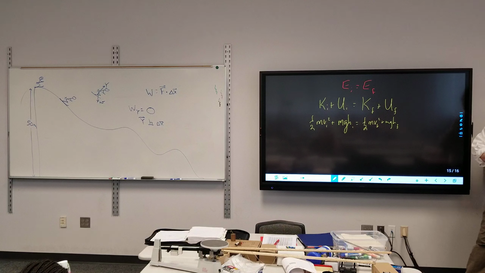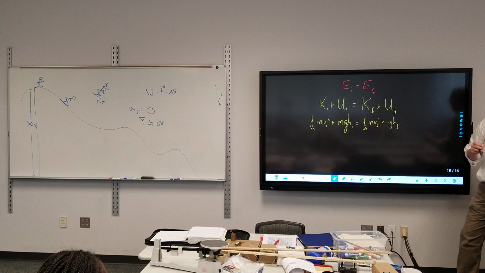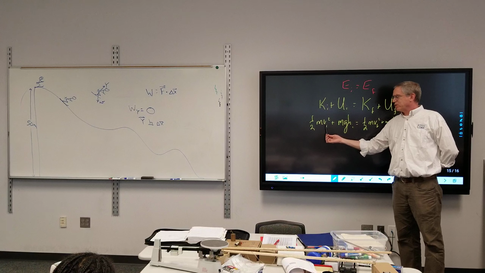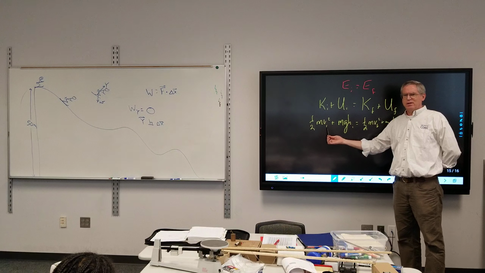Are any of these equal to zero? I don't know, while you're reading my mind, which answer it will be. Let's go through. First off, what does this v represent? Velocity.